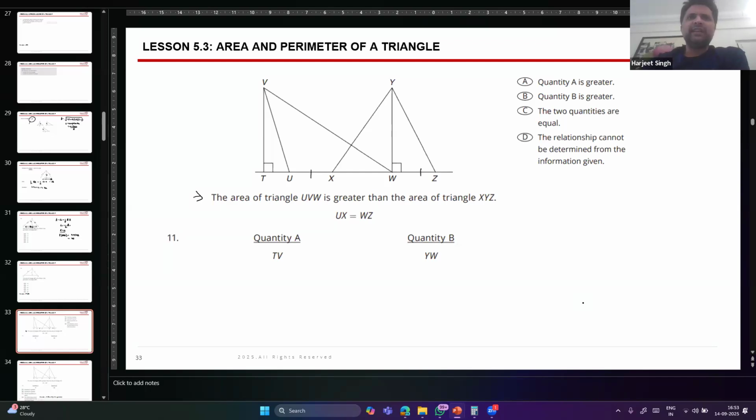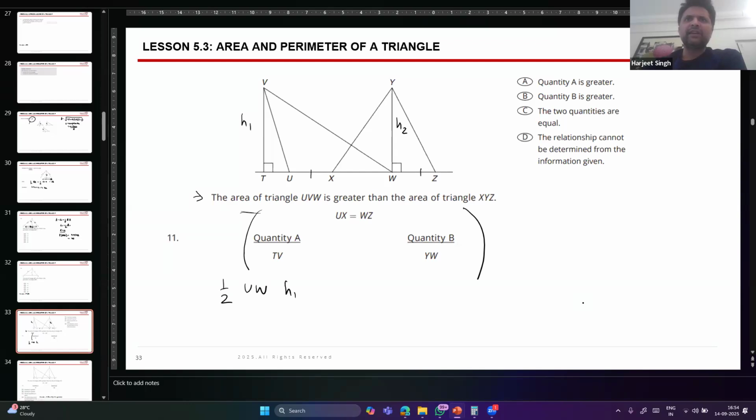So is TV versus YW, which is greater? Can I say that is height 1 versus height 2? As soon as they are comparing heights, it means they are comparing areas. Area is given, they are trying to find the relationship between heights. So we need to use the area formula. So area of UVW is what? Half into base into height. Base is UW and height is H1.